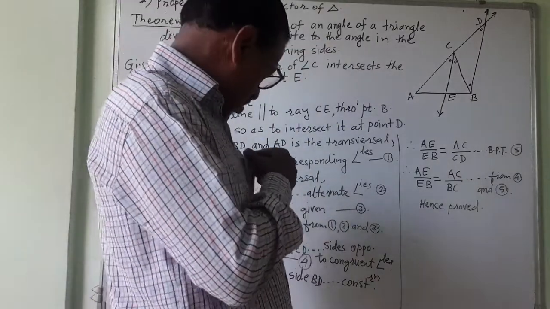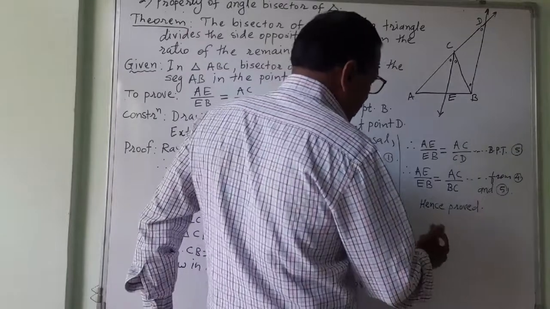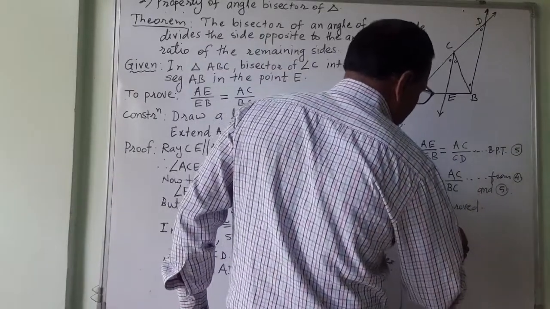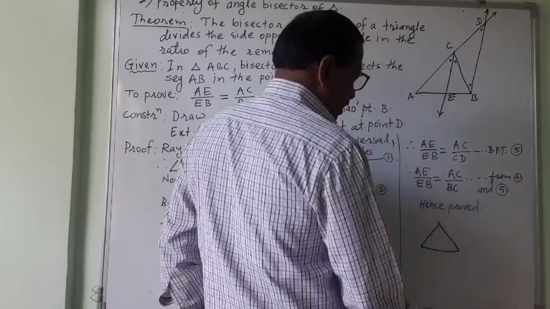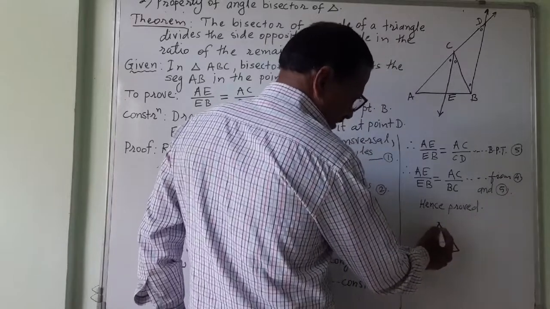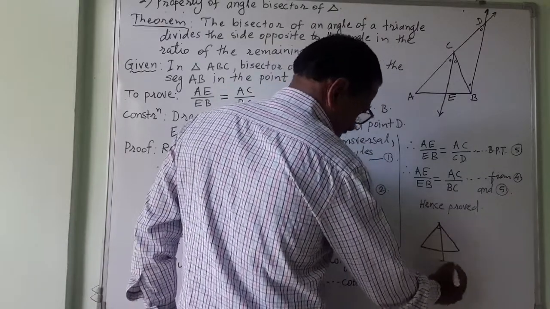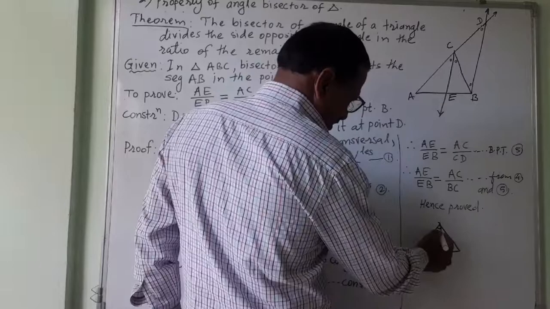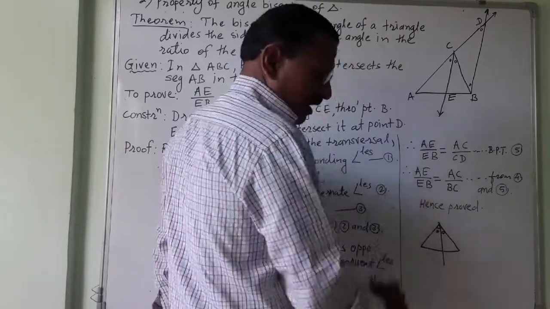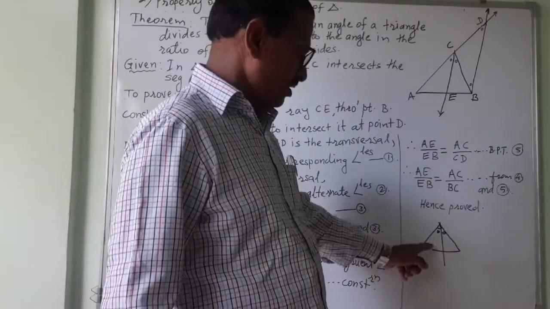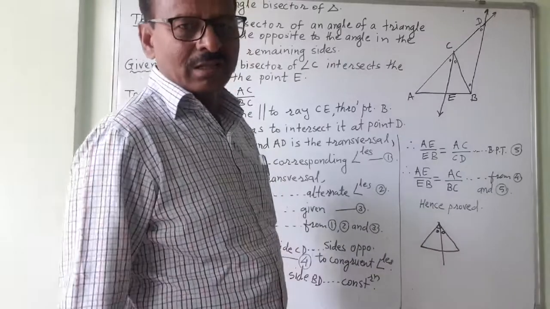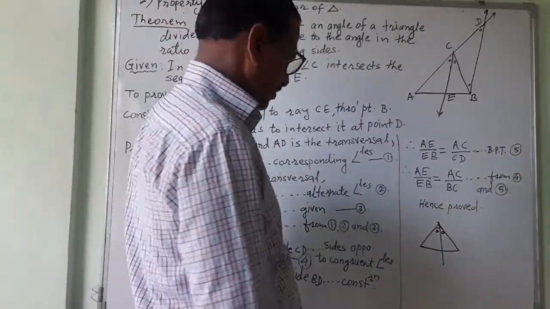That means, if suppose there is one triangle like this, and I bisect this angle. Bisect means this is 30, this is 30, or this is 40, this is 40, or this is 20, this is 20, that is called the bisector.